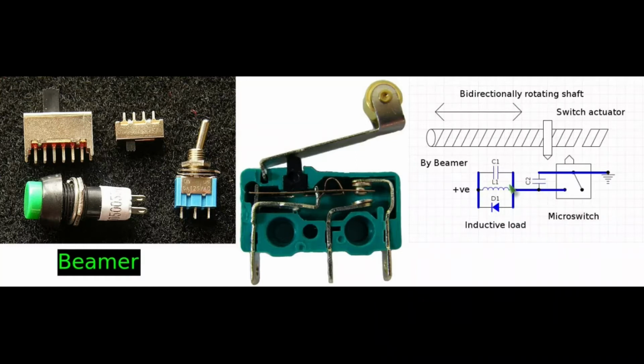Obviously, as this is an inductive load, there's arcing going on between effectively these 2 points here when the contact is eventually disengaged from that point back over to here.